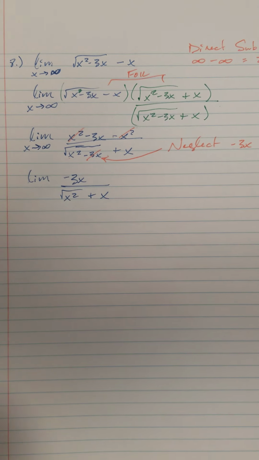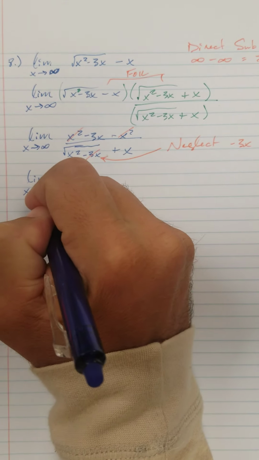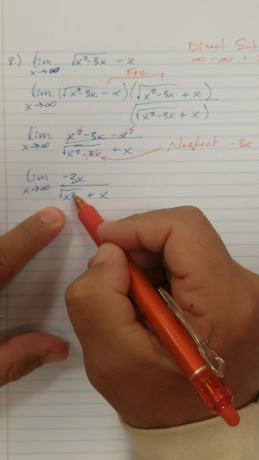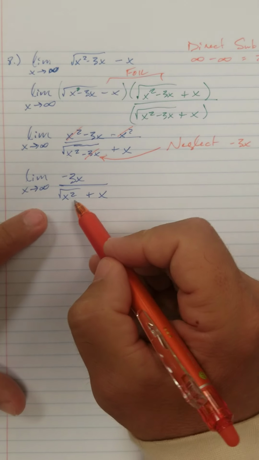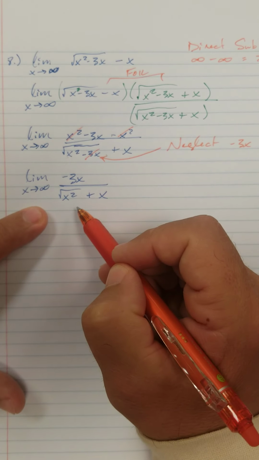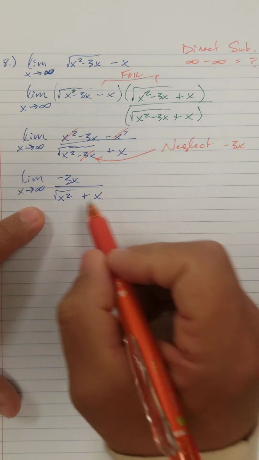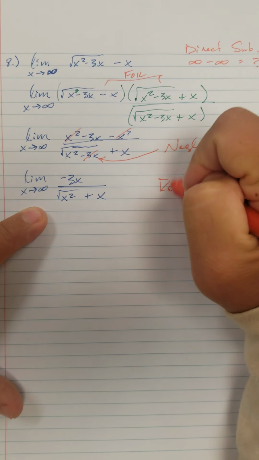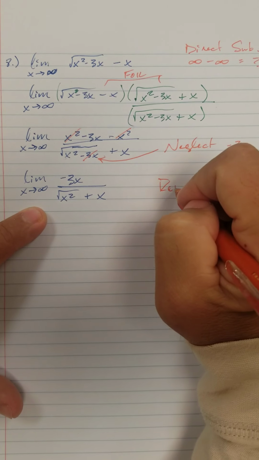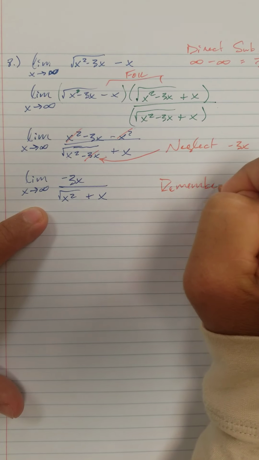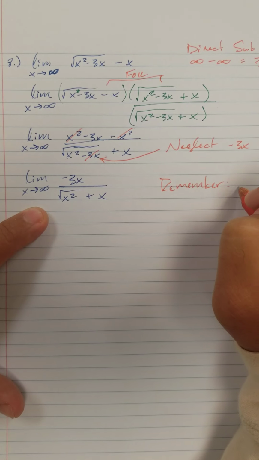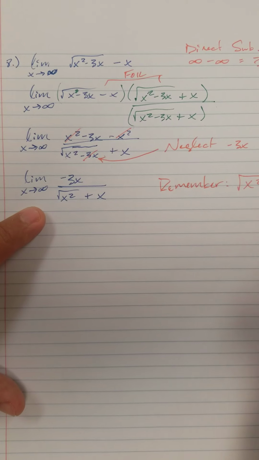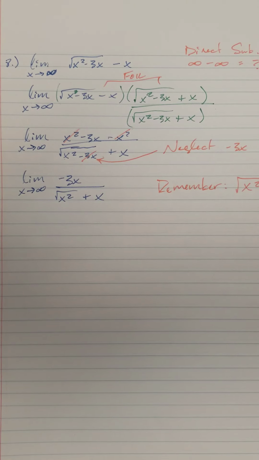Now here's something we need to remember. Remember that a square root is always going to give you a positive answer. We didn't force that square root into the problem when we were solving or anything. The reason I wanted to bring this up is we're going to see it again on the next problem, I think. So remember that the square root of x squared is the absolute value of x. That's always going to yield a positive square root.